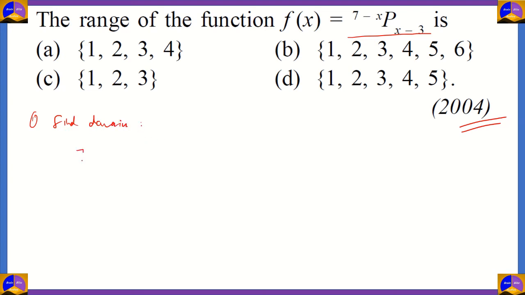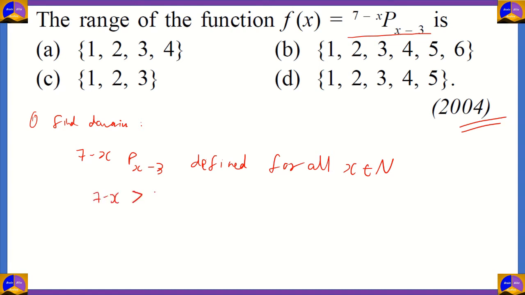So the function is 7-x permuted with x-3, defined for all x belongs to natural numbers, because in permutations you never use integers, rational numbers, fractions, etc. So therefore it is limited to natural and whole numbers. So x always belongs to N, so you can say that 7-x is always greater than 0, because you never permute something in 0.